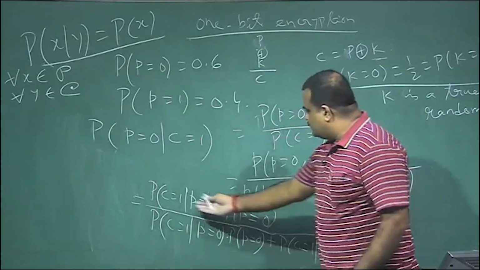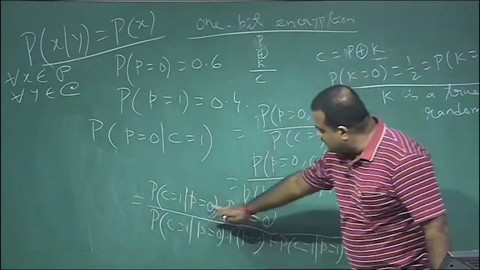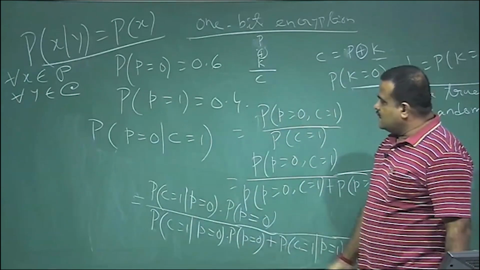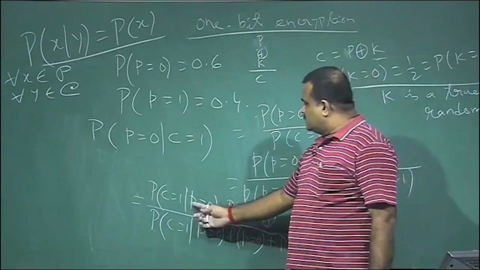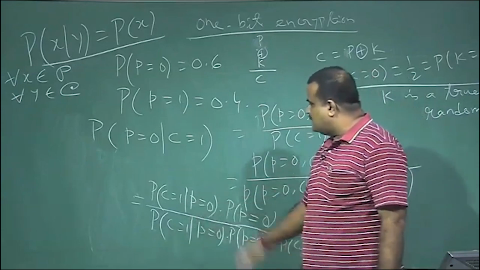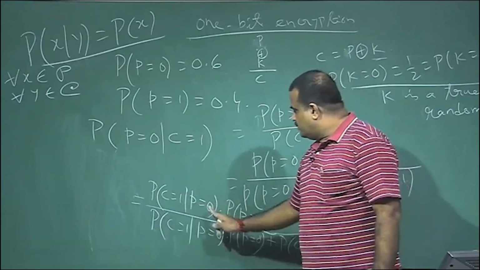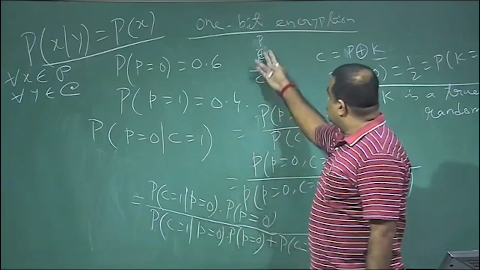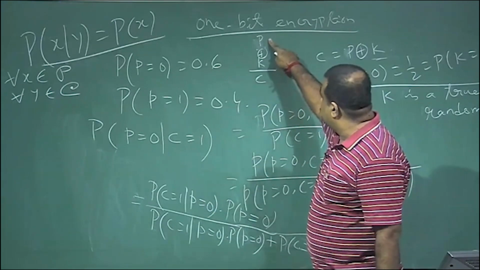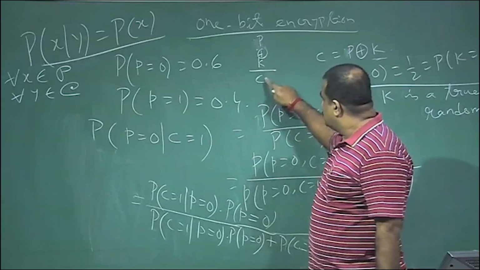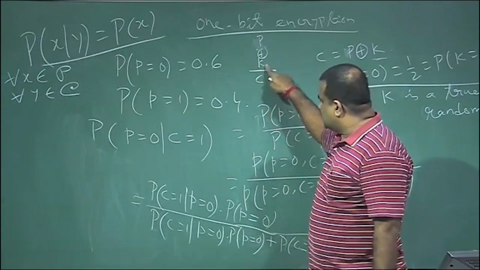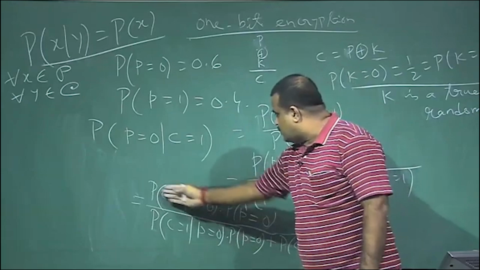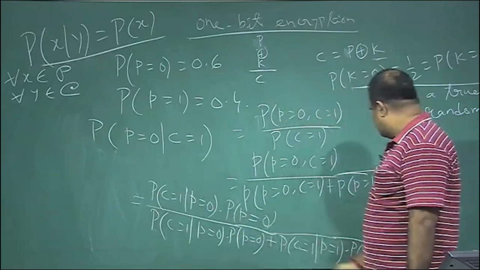So, the probability of C is equal to 1, P is equal to 0. This is same as, so we are XORing. So, this is same as K must be 1, because we are XORing. So, if this is 0 then this is 0, and if this is 1 then K has to be 1. So, this is same as the probability K is equal to 1.